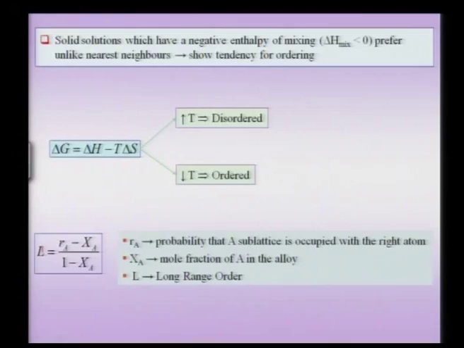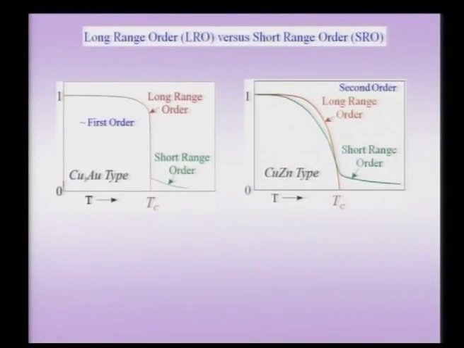So, perfect order would be given by long range order parameter 1, complete disorder, that means the complete random occupation of A and B in both the sublattices, that means there are no sublattices, would be characterized by a long range order parameter 0. Therefore, my order parameter changes from 1 to 0. This is the extent of my long range order parameter L.